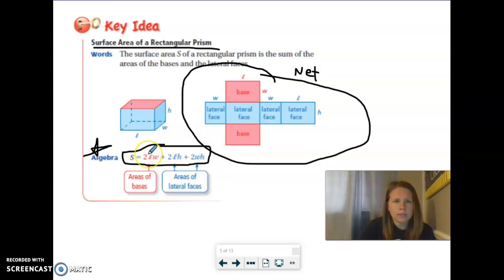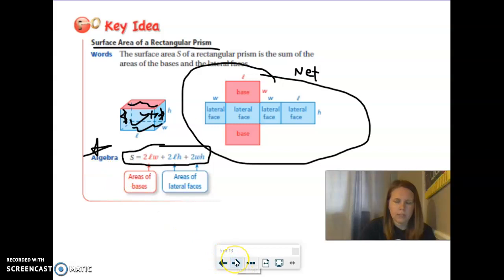There's 2 bases, so that's why I have 2 times length times width. This is this base as well as this base up here. Then I have plus 2 times the length times the height. That's going to be these sides in front and back. And then 2 times the width times the height, which are going to be my sides over here. Okay, this formula is going to be really important as we go through and find the surface area of rectangular prisms.